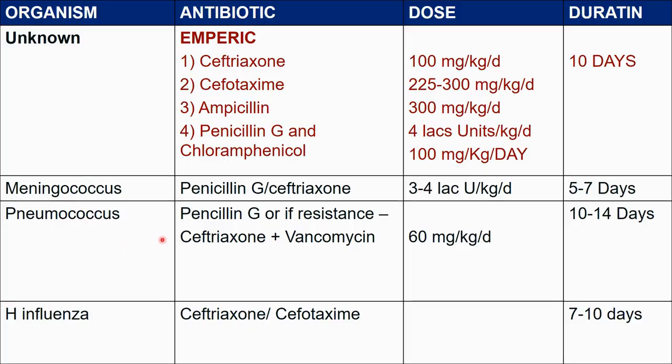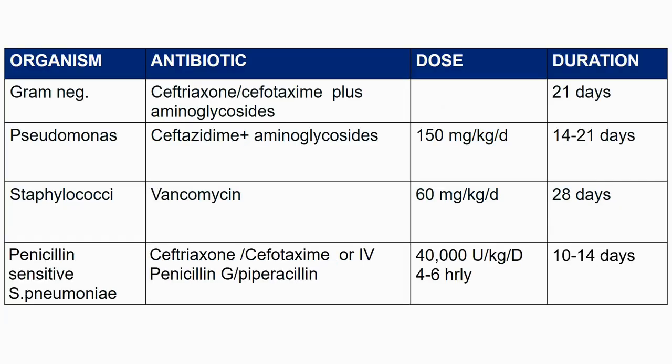Pneumococcus, if you suspect, then penicillin G is the drug of choice, or if the patient is resistant or sensitive to penicillin, then you can go with the combination of ceftriaxone with vancomycin. Vancomycin dose is 60 mg per kg per day. Duration of treatment for pneumococcus is 10 to 14 days. Haemophilus influenzae: ceftriaxone or cefotaxime is the drug, and the duration of treatment is 7 to 10 days.